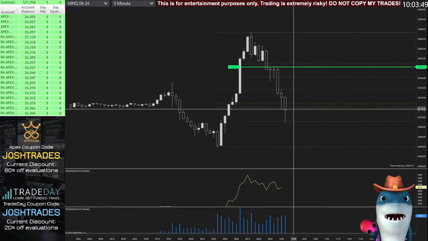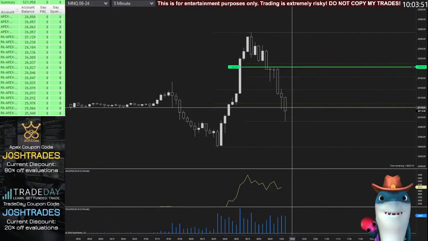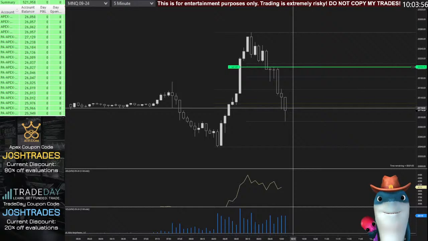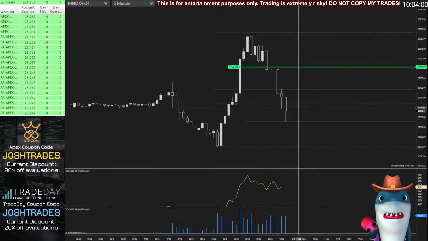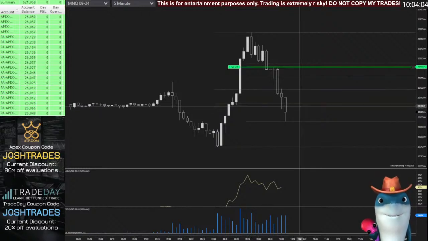Yeah, Howdy, there's no way. It's very difficult for us to catch the full move. And so I learned to just capture a piece of the move, make sure it's at least 1-to-1 your risk, and just be happy with it.